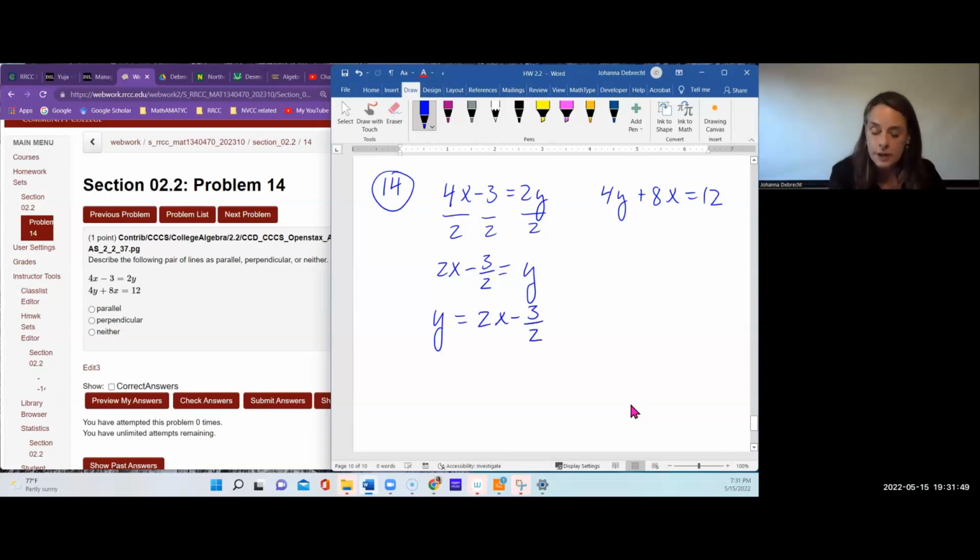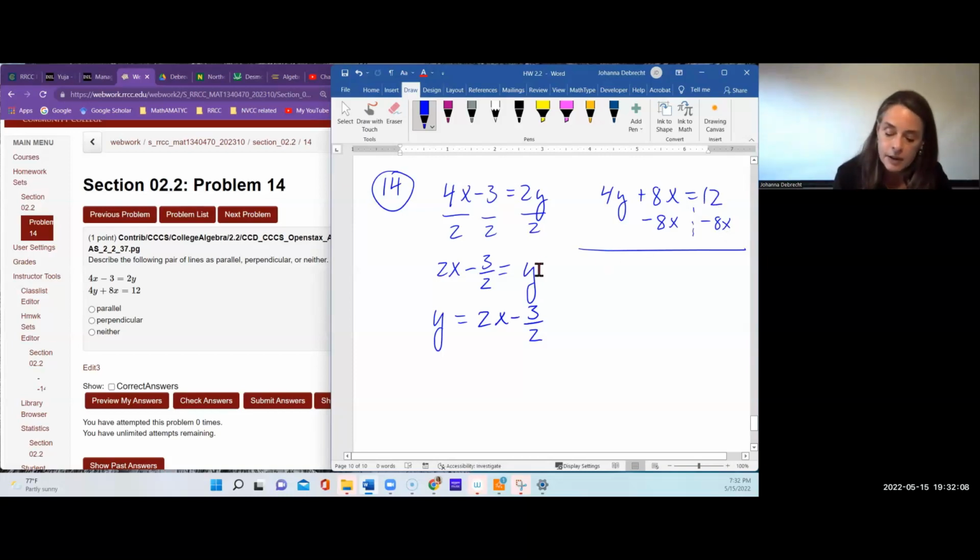What about the other one? Well, first off, it's not solved for the y term. So the first thing I'm going to do is subtract the 8x from both sides of the equal sign. Now, this is an x term here, the negative 8x, but 12 is a number and they're not alike, so I can't combine them.